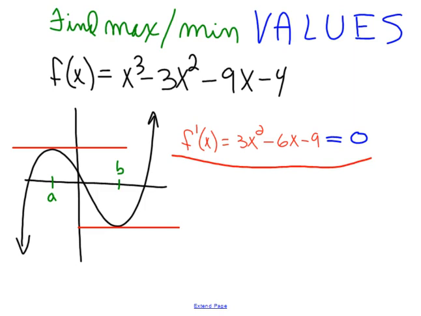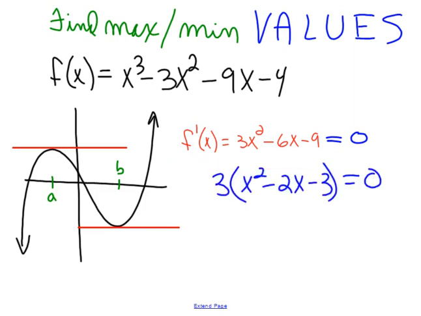So I take the derivative and I set it equal to 0. Now remember first quarter? Somewhere back in the first quarter, I mentioned once or twice that it was kind of a big deal that you had to know how to factor. You would solve that equation by factoring. I noticed that there's a 3 in all 3 terms.